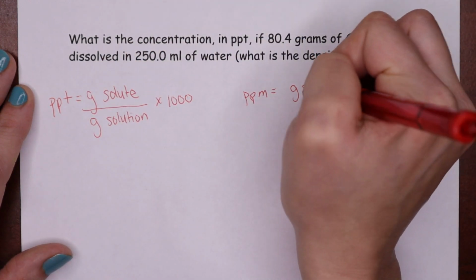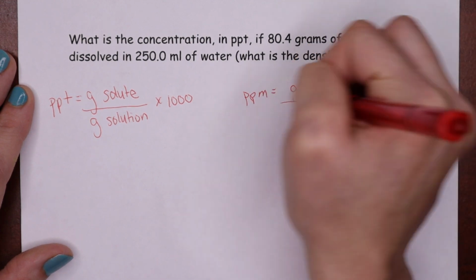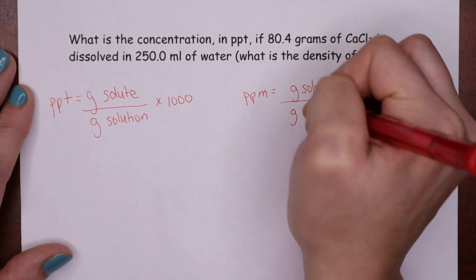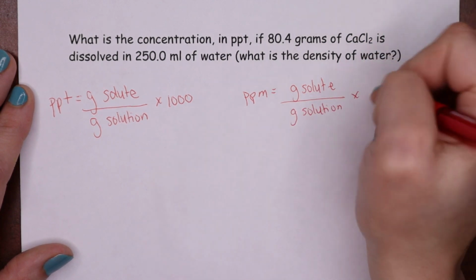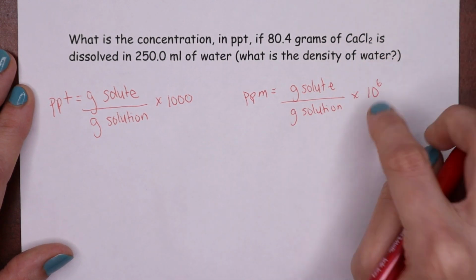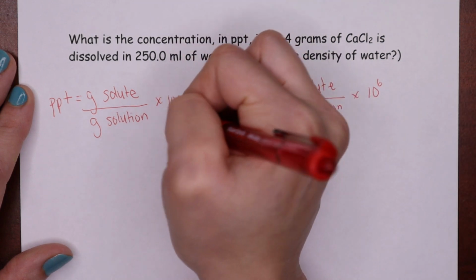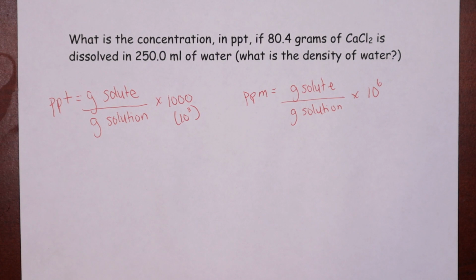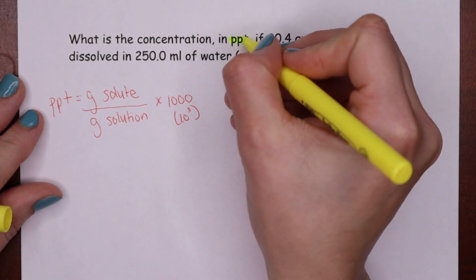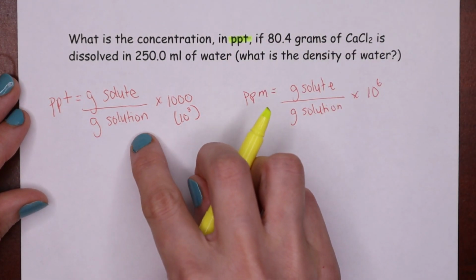Grams of solute over grams of solution. But instead of 1,000, you're going to multiply it by a million, which is this. But since they're asking us about parts per thousand, let's go ahead and focus on this.